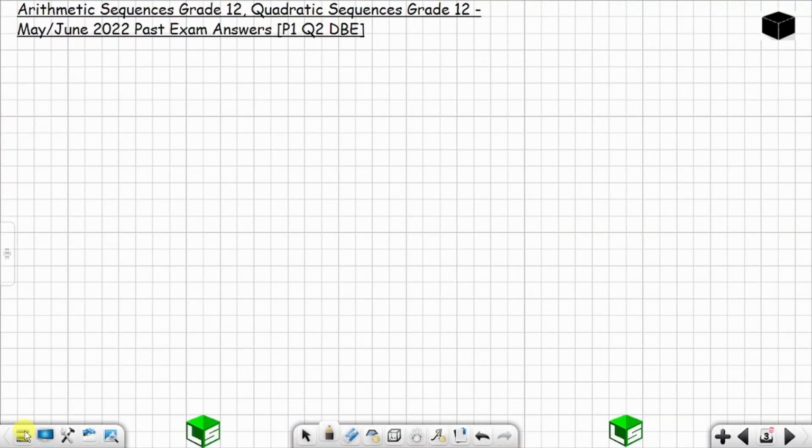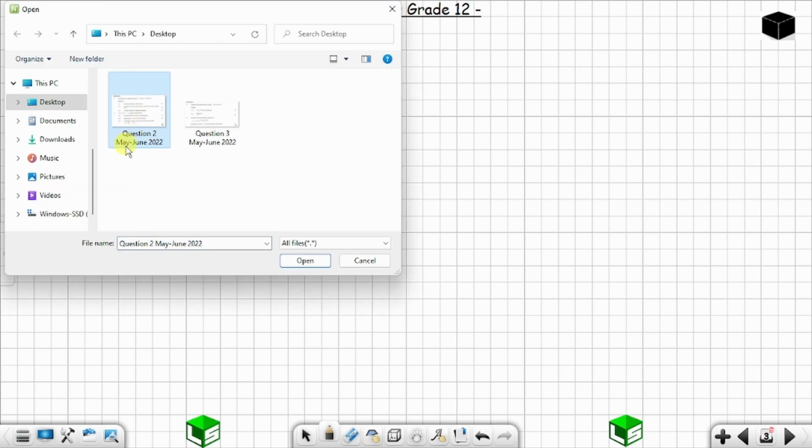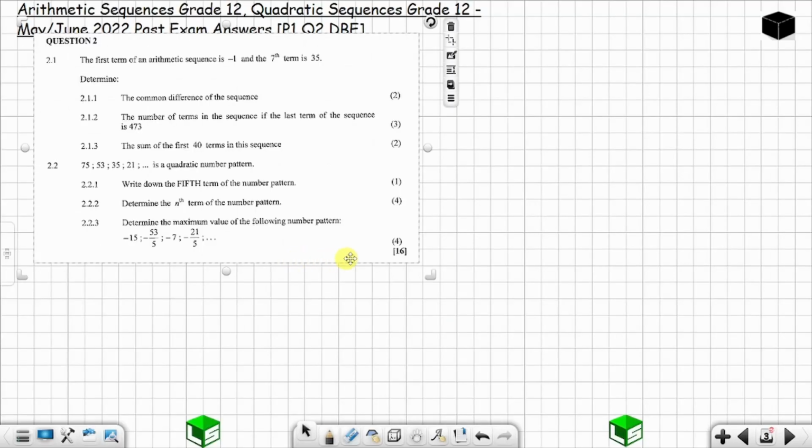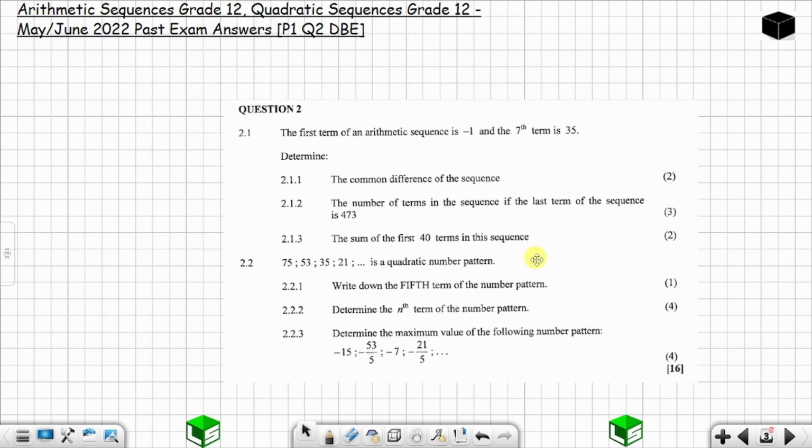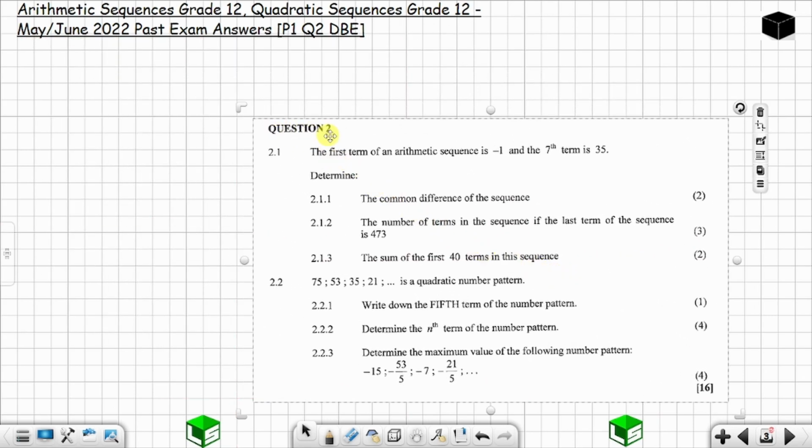Let me get the question again. This is question 2 from May-June 2022. Question 2.1: the first term of an arithmetic sequence is -1 and the seventh term is 35. Determine 2.1.1, the common difference of the sequence, 2 marks.